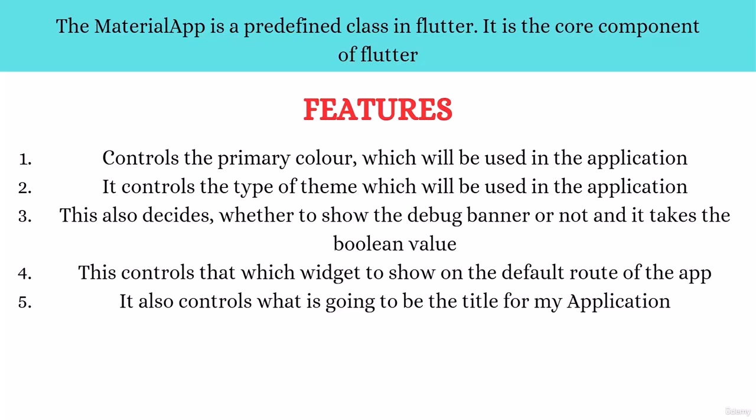Here you can control whether you want to see that debug banner inside your application or not. Using true and false, you can decide whether you want to see the debug banner or not.